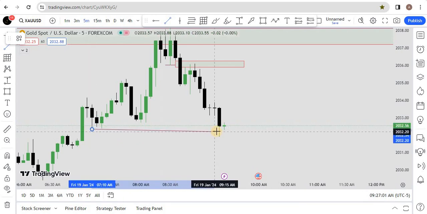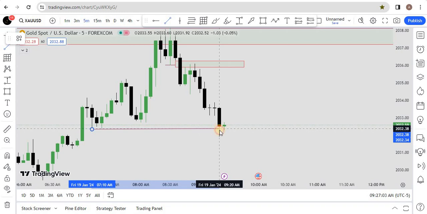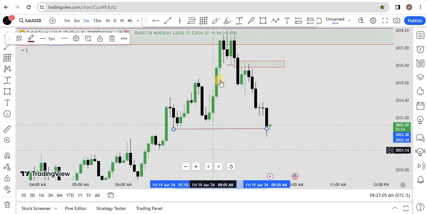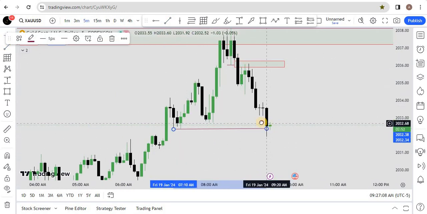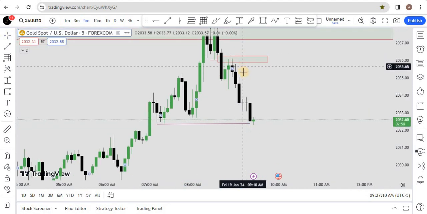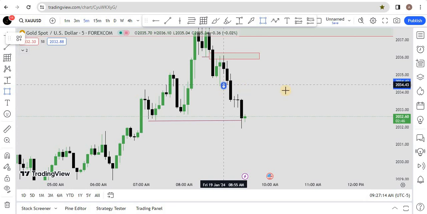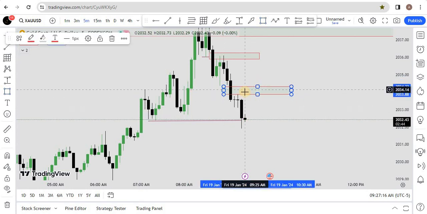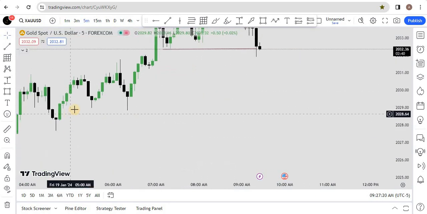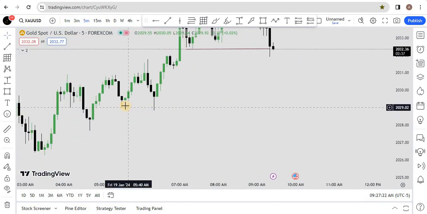So here was the relative equal low that has been taken out, and you can take your first partial and then put your stop loss at break even. Because the market can come back to this FVG, because we have this valid 5-minute FVG here, the market can come back here and go for these lows further, okay.